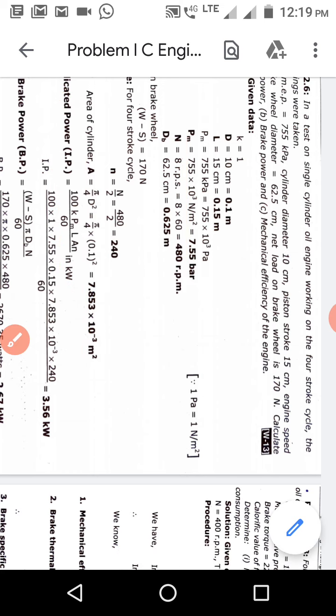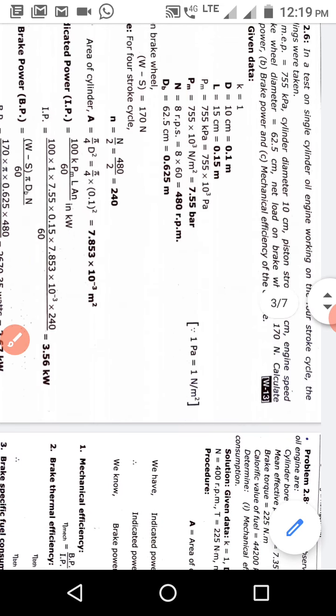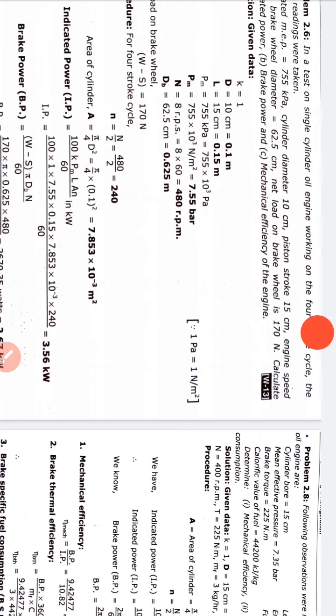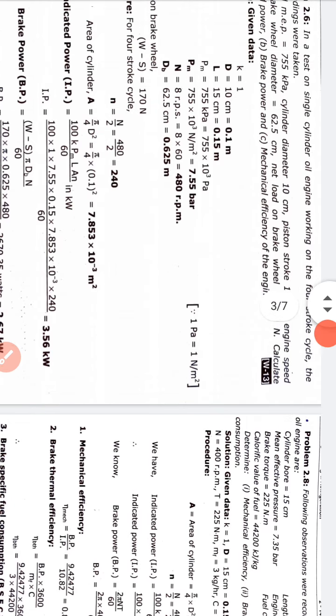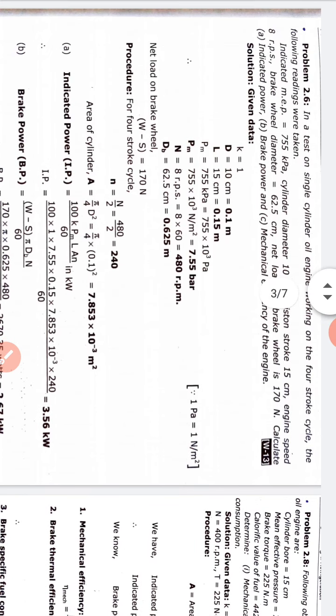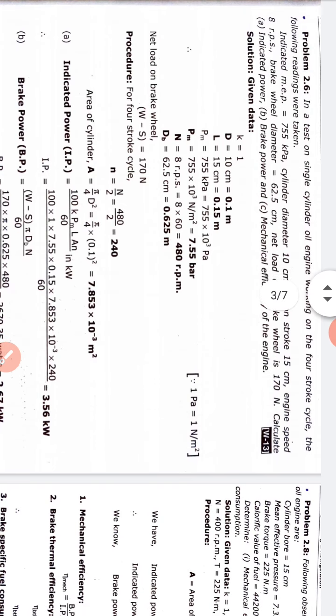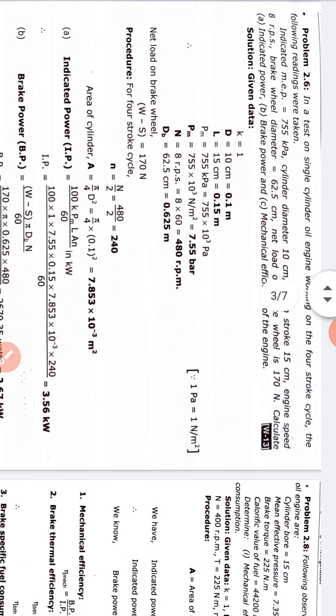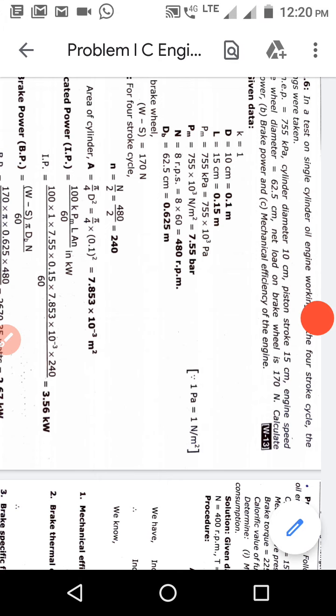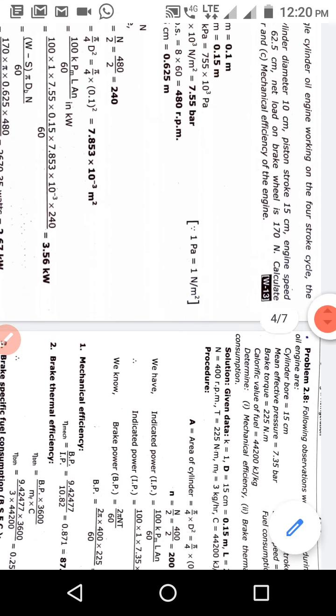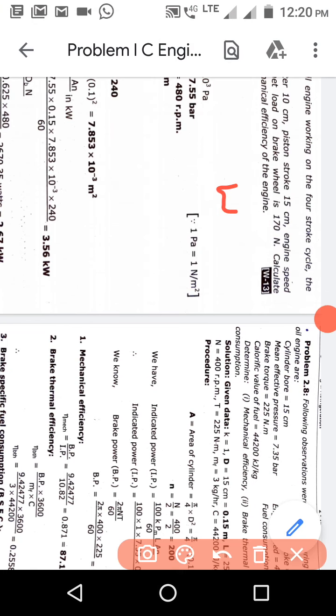Then again, the piston diameter is given, stroke length is given, engine speed is given, and brake wheel diameter is given. The brake wheel diameter is important to calculate the brake power. The net load on the brake wheel is given. Net load is nothing but W minus S, that is, main load minus spring load.